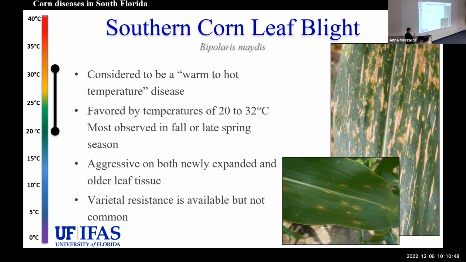And the pathogen that causes this disease and the northern corn leaf spot is the same genus. So if I look under the microscope, they just look the same to me. So I think those who are more experienced and have seen this disease more in the field can actually see the differences based on the symptoms, but I'm not quite there yet. Probably Dr. Raid could do it with his eyes closed, right? So I'm learning.